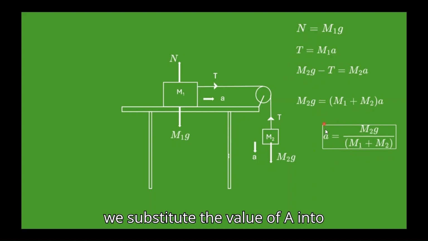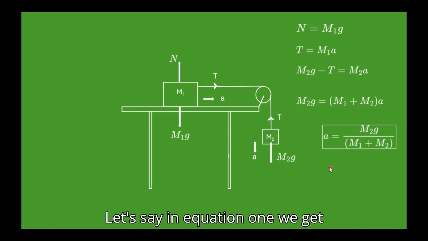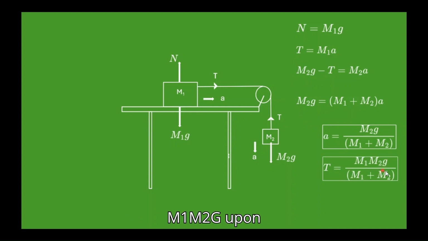Now, if we substitute the value of a into either of the equations, let's say equation 1, we get T equals m1m2g upon (m1 plus m2).